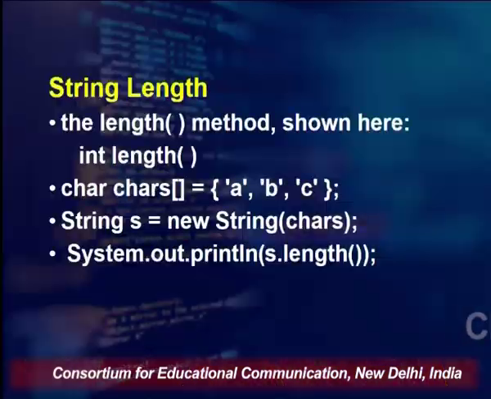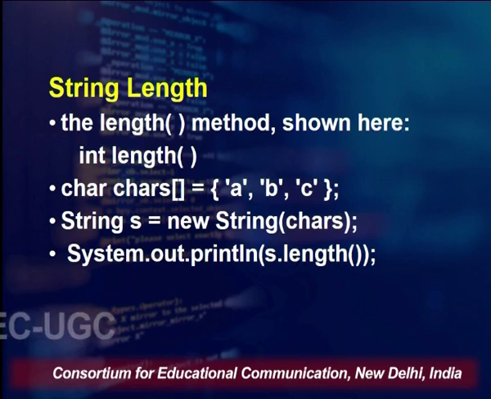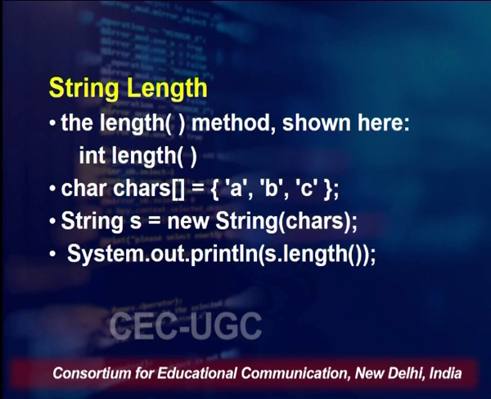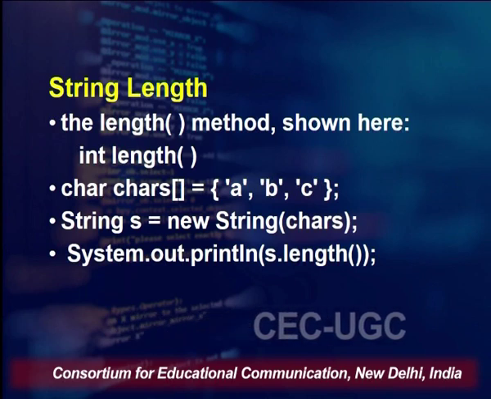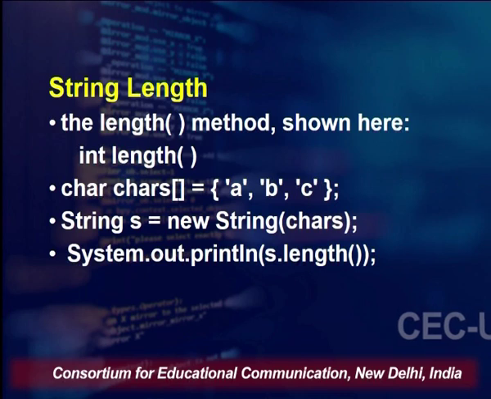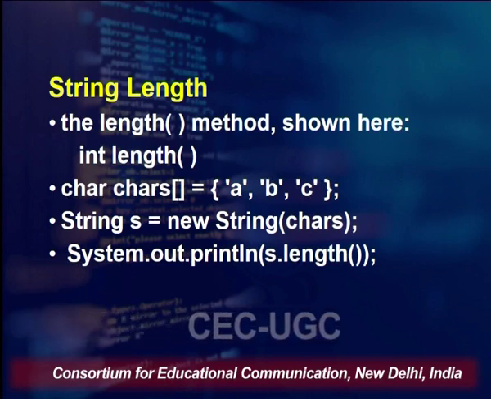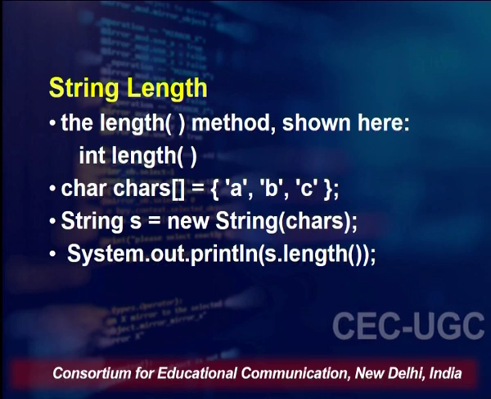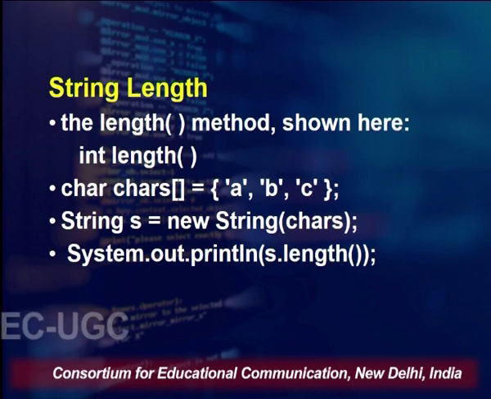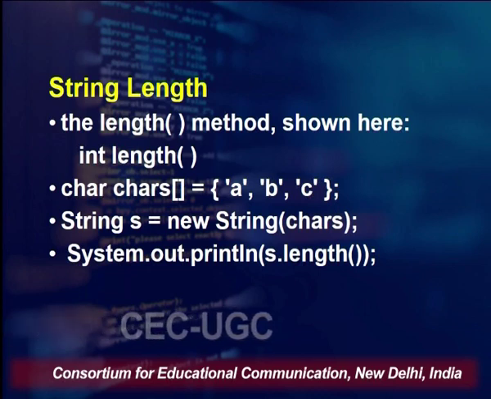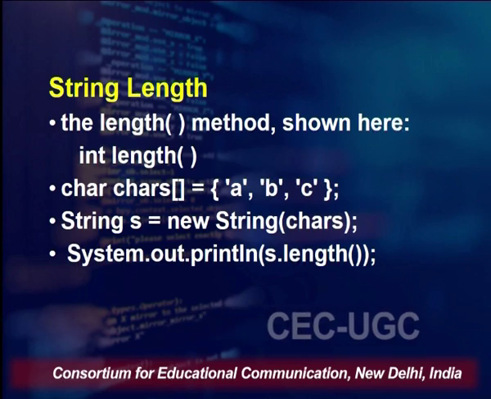Now, with this string, one very common method is the length method. That means simply counting the number of characters, how many characters are there. So, before going into any kind of methods, whether simple or a little bit complex, we have seen that there are various ways in which a string object can be created.